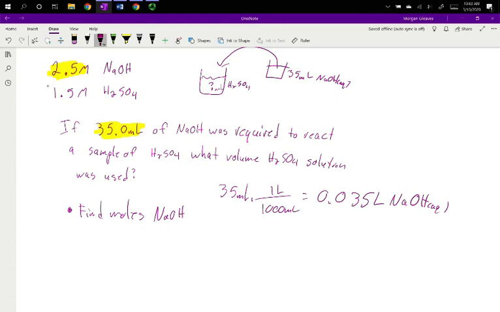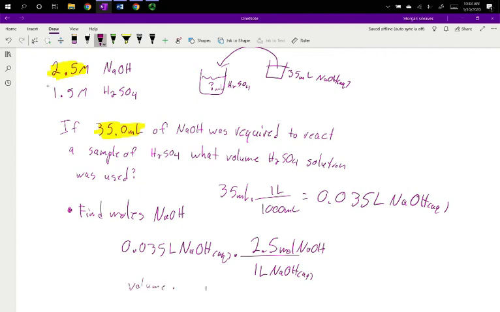So I know my volume in liters, because that's what molarity is in. And so 0.035 liters of the sodium hydroxide solution. And in every 1 liter of the solution, there is 2.5 moles of the chemical. And so we have our volume, we multiply it by our molarity, that gives us our moles.